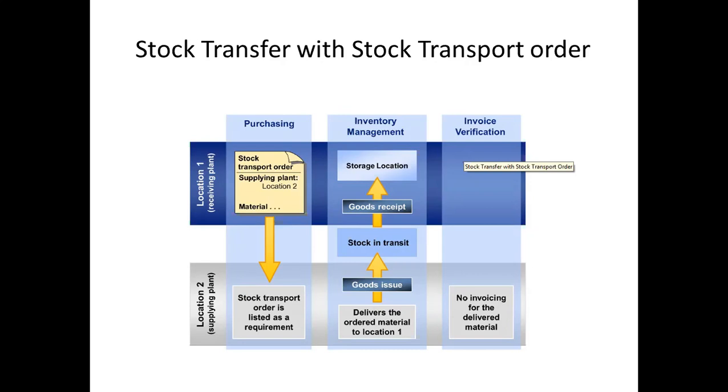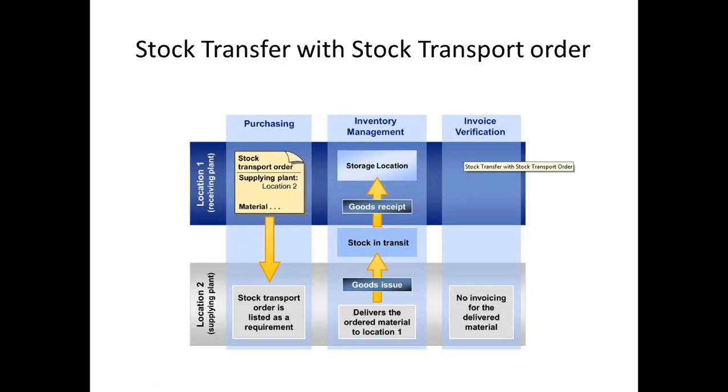I have a particular system for that. Once you are supplying from one plant to another, automatically once you deliver, the stock in plant location 2 will get reduced, and once you receive the material, the stock in location 1 will get increased. Internally, they will do it. Yes, internally there will be some accounting happening that we'll discuss later on, but there won't be any invoice for that.